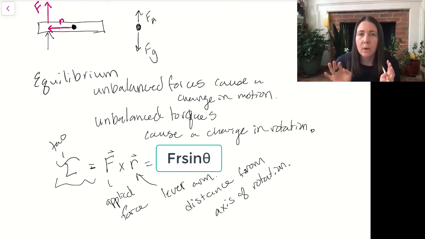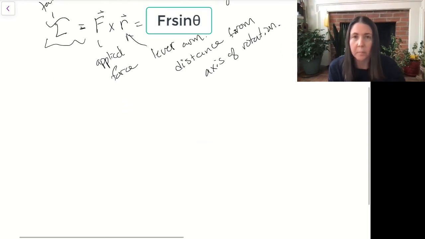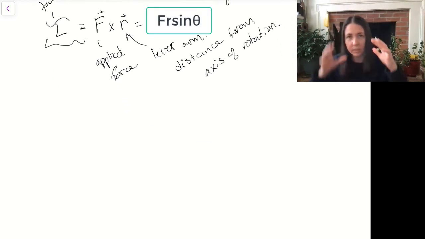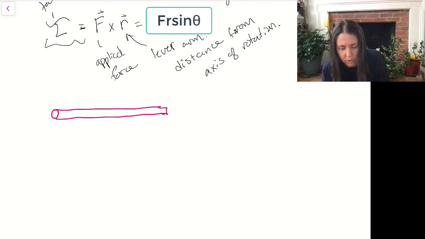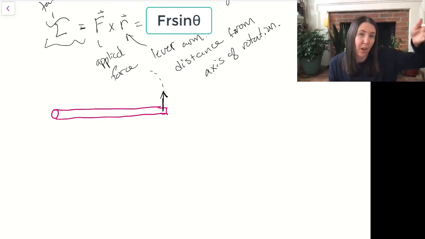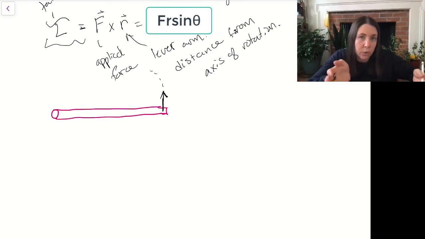Now, this little piece, the cosine of theta. I like to think about torques in terms of how to open a door. This is like a top-down view of a door. Here's the hinge and here's your door. When I'm going to open a door, all of the door handles are in the same spot, on the edge of the door here. We push the door open at the very end because it takes a certain amount of torque to get that door to rotate.